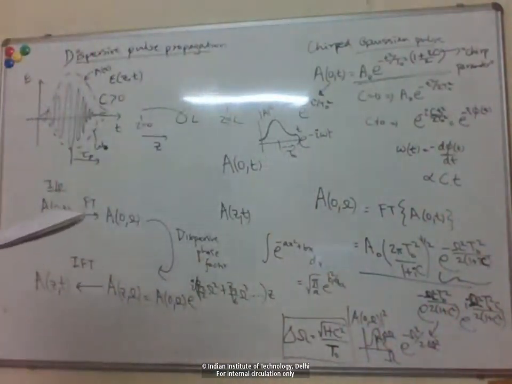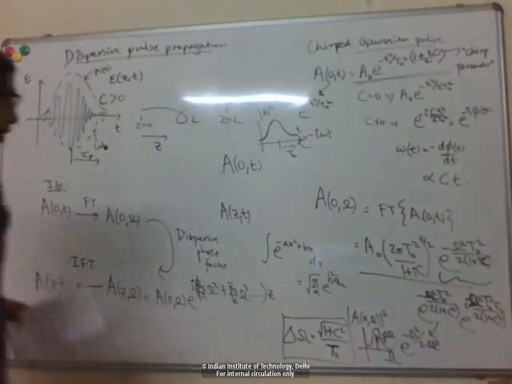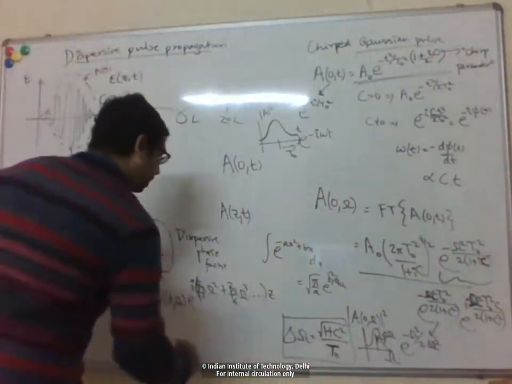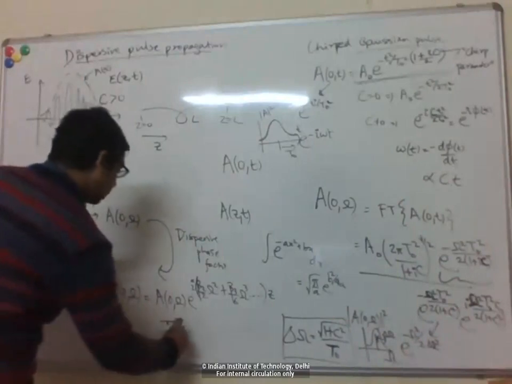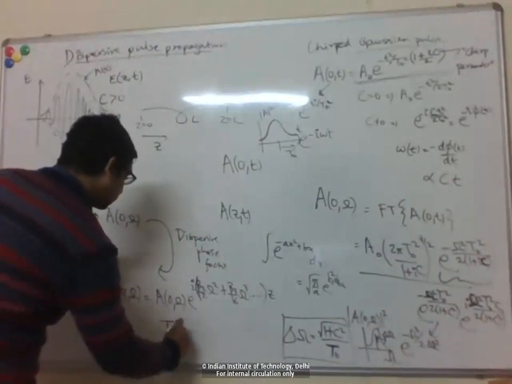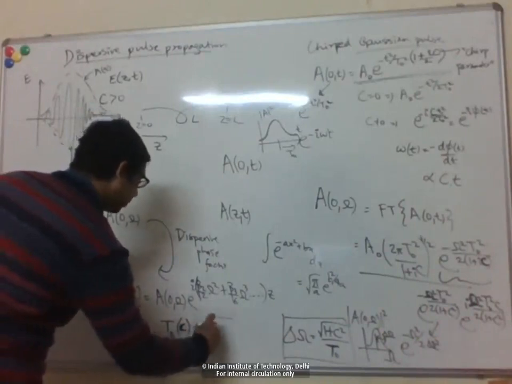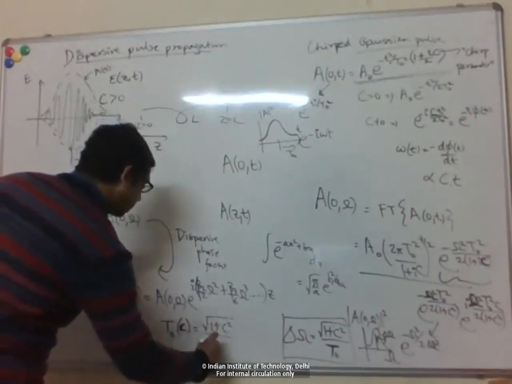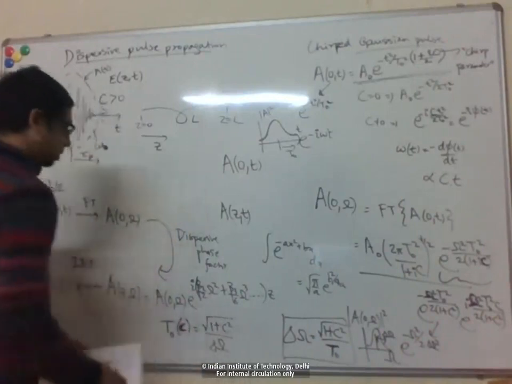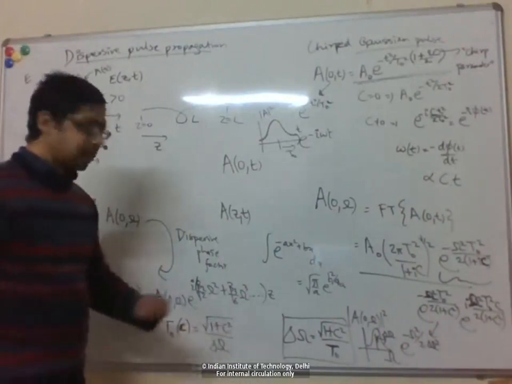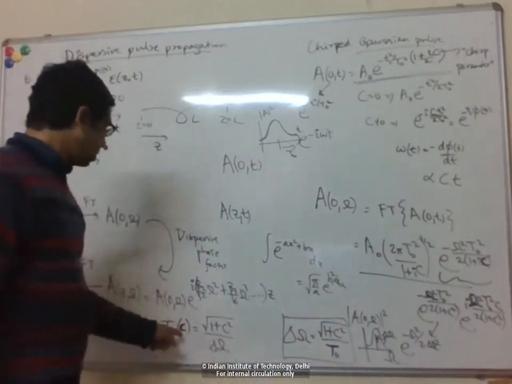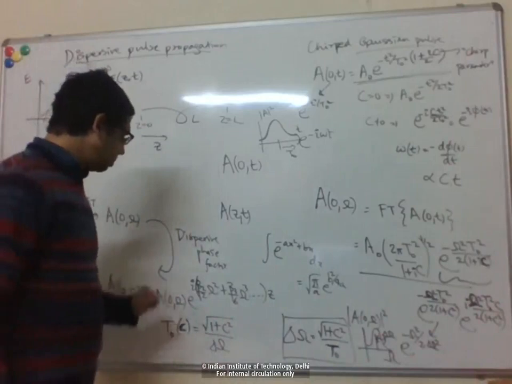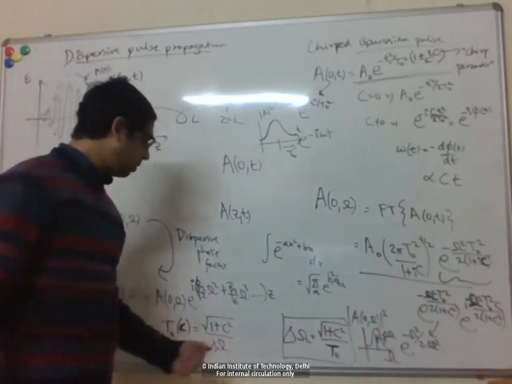Okay, so for a given bandwidth, if I calculate the pulse width, which is a function of the chirp parameter, it scales with the chirp parameter like that. And what is the minimum pulse duration that we can have for a given bandwidth?